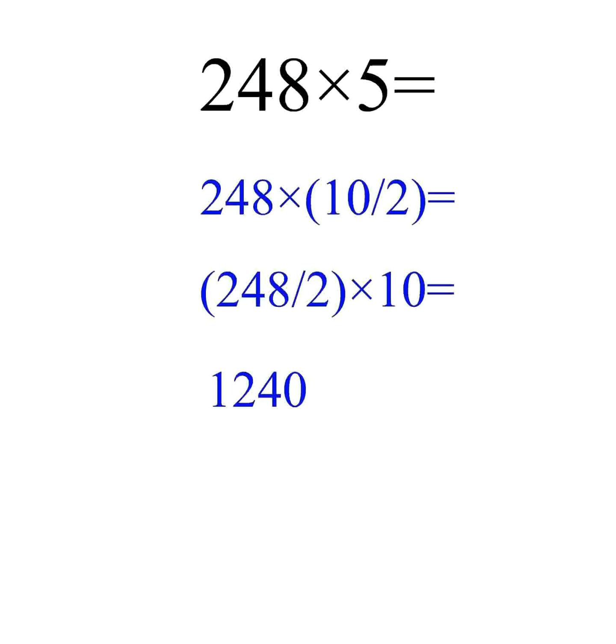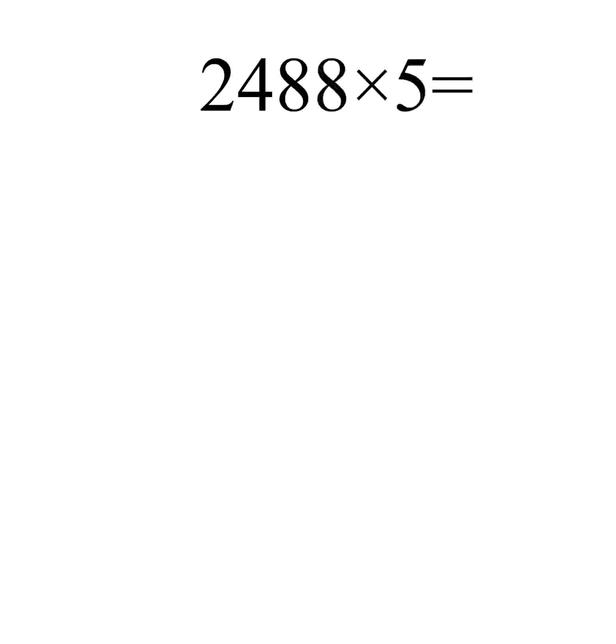Okay, let's have another one. Here we have learned the method, so we just divide 2488 by 2, which would be 1244, then put a 0 in front of it. Now, how to multiply by 25?